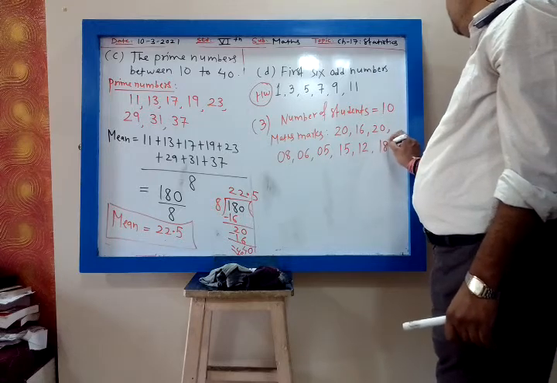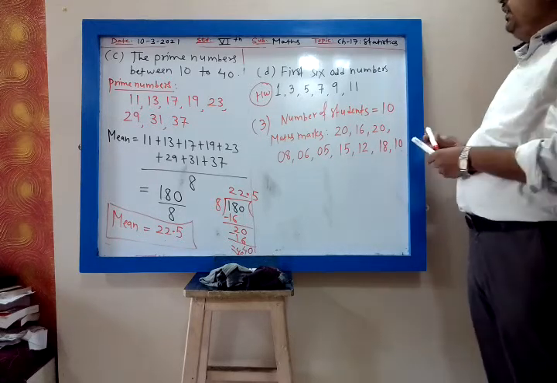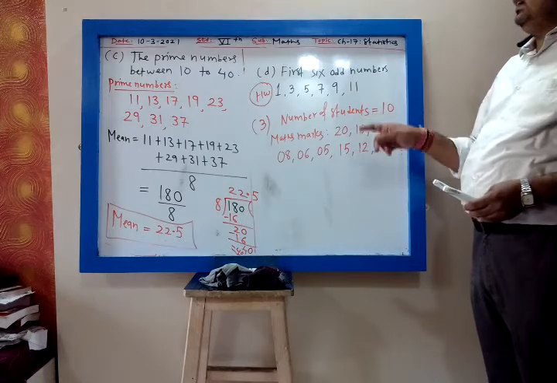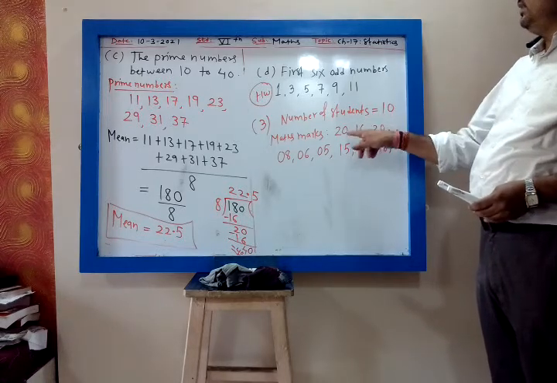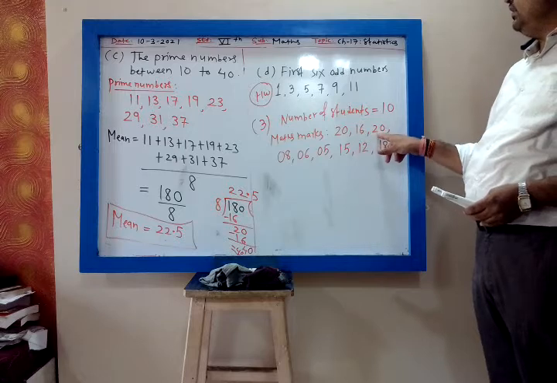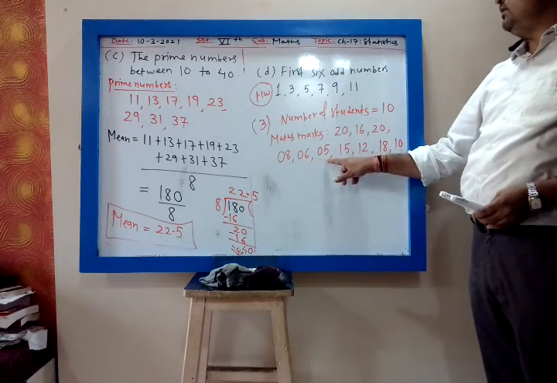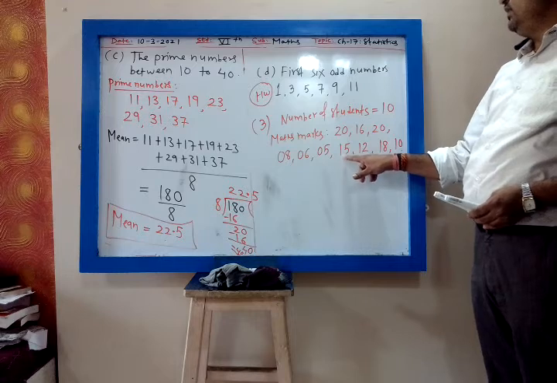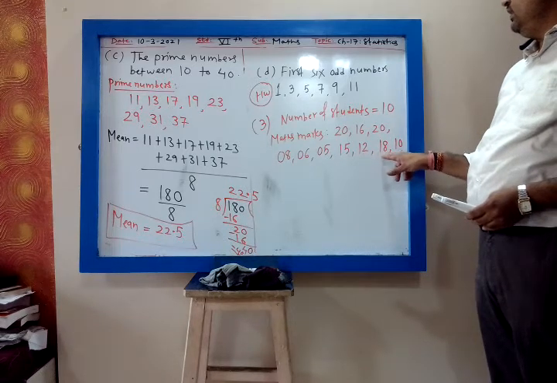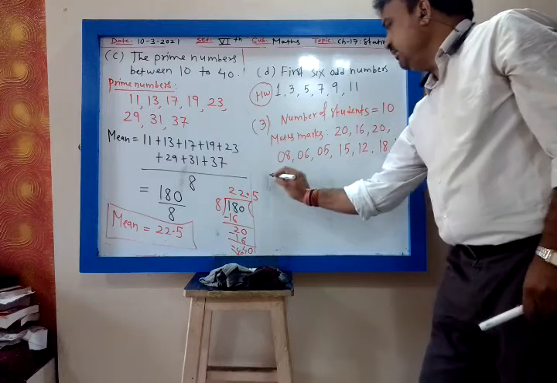So there are 10 students, and for each student they get the marks for math subject. First student gets 20 marks, second student 16 marks, third student 20 marks, fourth student 8 marks, fifth student 6 marks, sixth student 5 marks, seventh student 15, eighth student 12, ninth student 18, 10th student 10 marks. Find the mean. So how do we calculate mean?